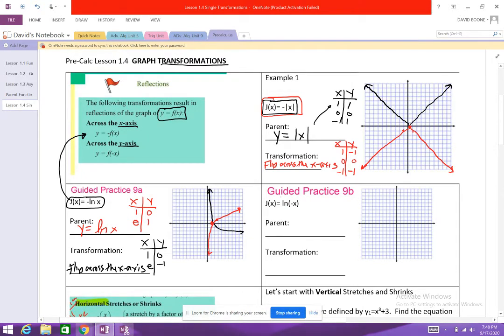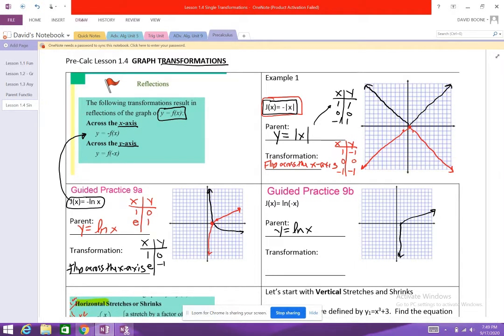This one here, again, we'll look at the parent function for this. That's again the natural log, so y equals the natural log of x. So again, that's coming in like this, hitting that 1, 0, and that e, 1 point like that, based off of what we just did over here as well.